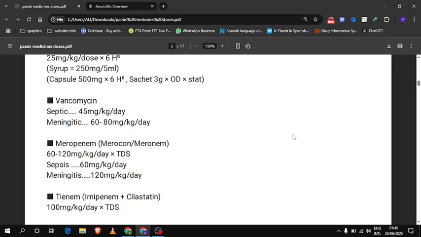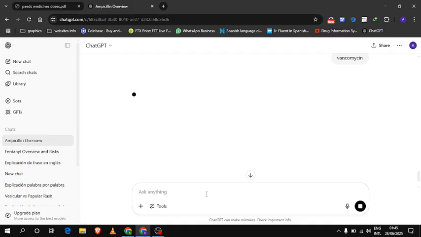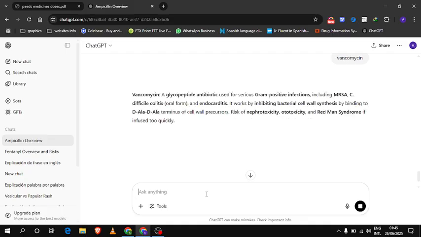The next is vancomycin, which is used for complicated infections. It is a very strong antibiotic. It is a glycopeptide antibiotic used for serious gram-positive infections, including MRSA, C. difficile colitis, and endocarditis. It works by inhibiting bacterial cell wall synthesis by binding to D-Ala terminus of cell wall precursors.